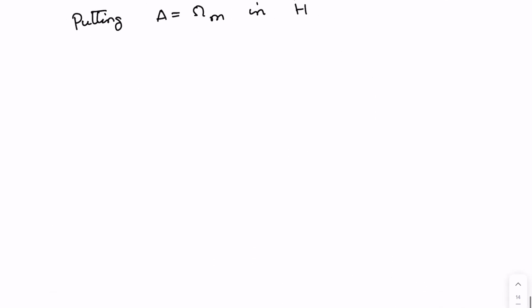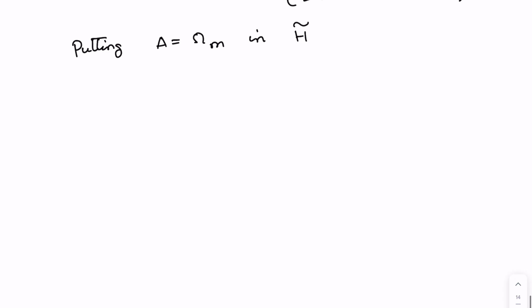Therefore we are going to get the new Hamiltonian under this condition that delta is equal to capital omega m. We are going to get minus h bar g, a dagger b plus a b dagger.